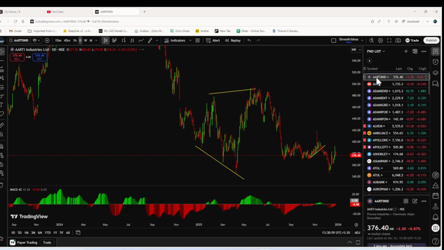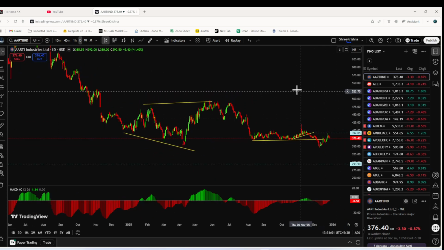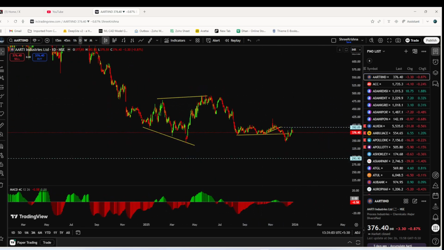Let me go to the RT. I'm looking for RT to still come down as a part of pattern-based trading. Most of you already know this forecast is still okay. I'll change the color.